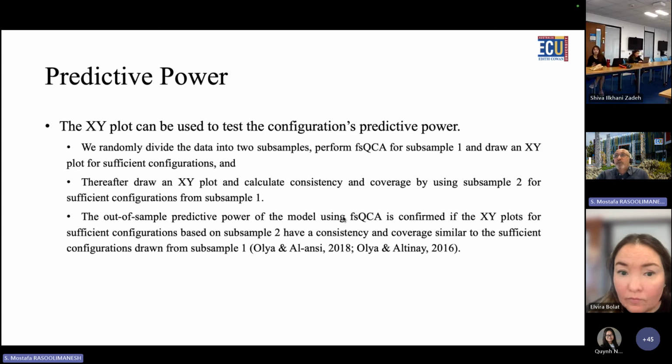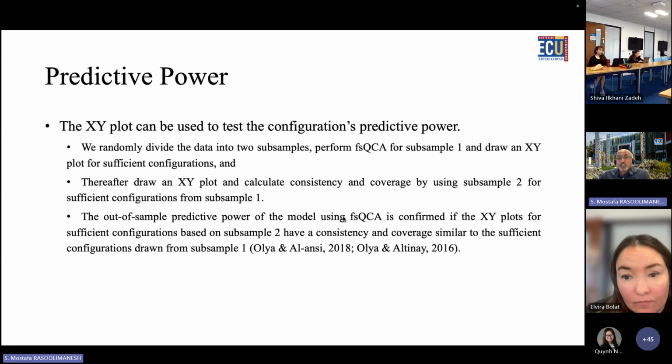So predictive power means to identify whether these sufficient combinations can predict our outcome. It means it is not only explaining the relationship.